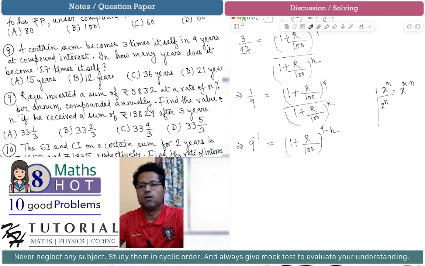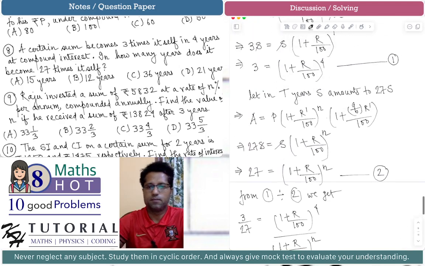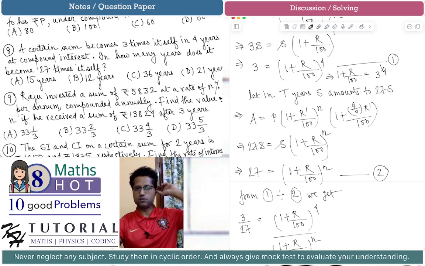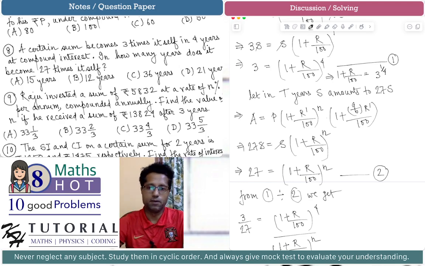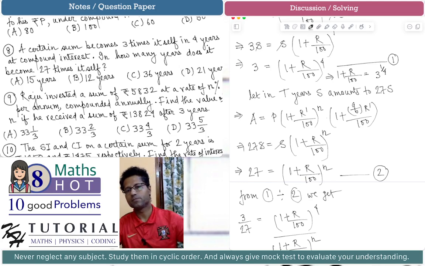Now from equation 1, I can also say that 1 + r/100 is equal to 3 to the power 1 by 4, because if I take the power of 1 by 4 to both sides of this equation, the LHS will become 3 to the power 1 by 4, and the RHS will become 1 + r/100.